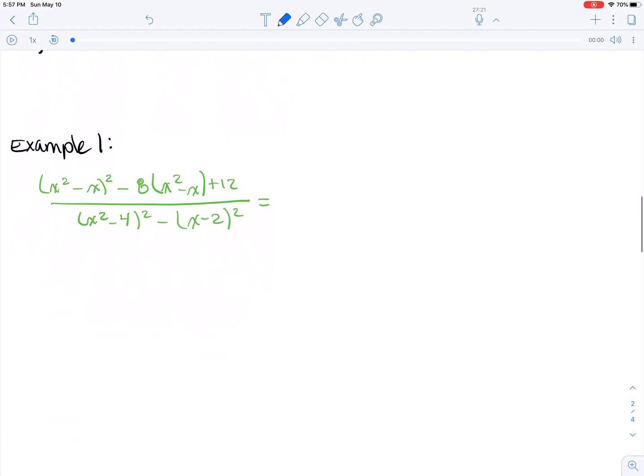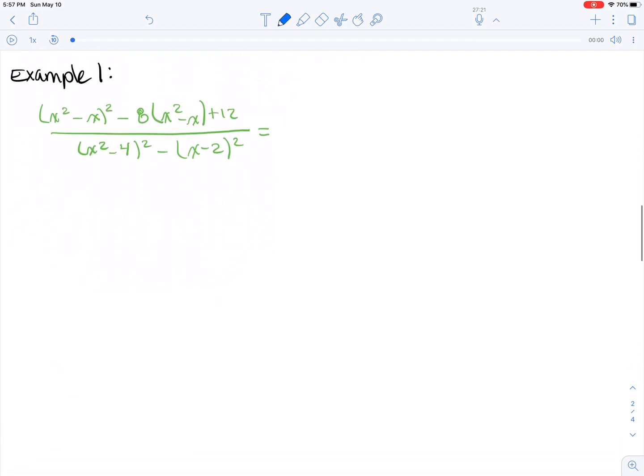So let's look at a quite complicated looking example. Example number 1: I have here x squared minus x, all squared, minus 8 times x squared minus x, plus 12, all divided by x squared minus 4, all squared, minus x minus 2, again all squared.